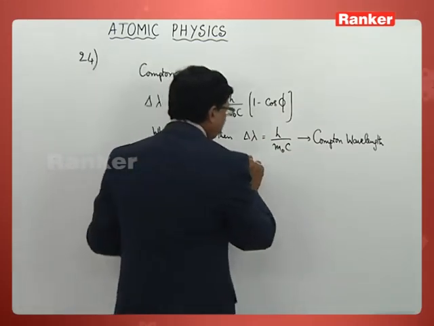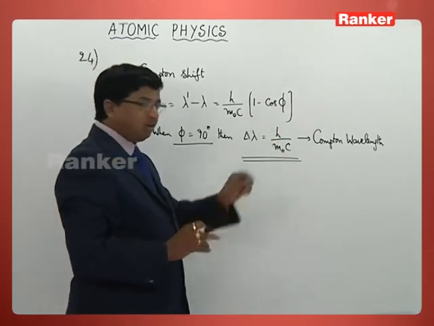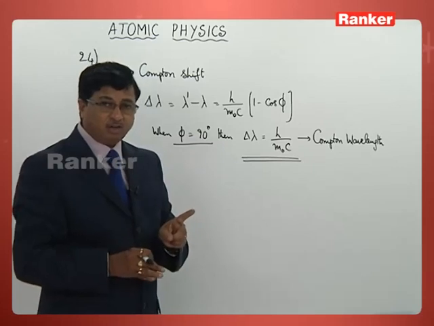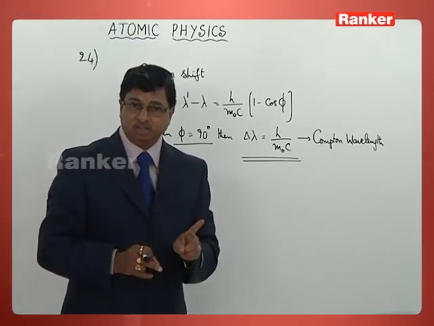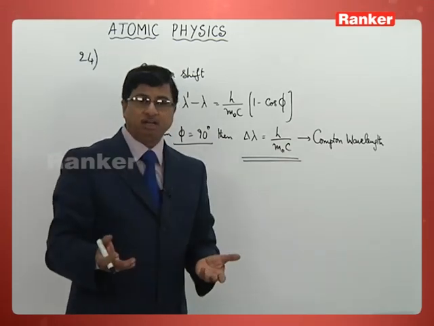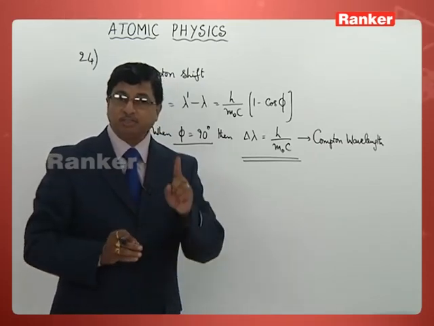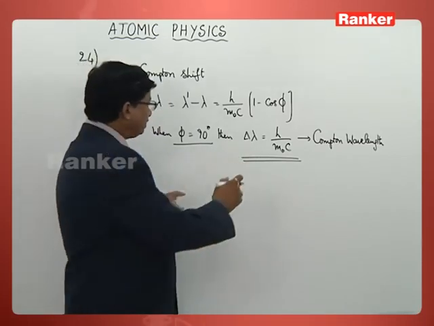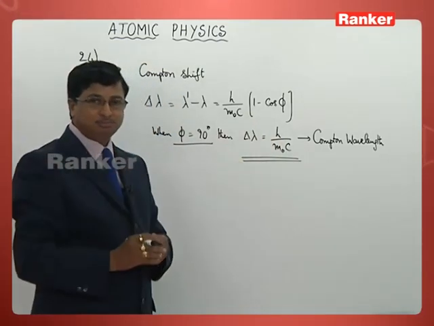Now look at this equation carefully. Here h is a constant, m naught the rest mass of an electron, which is 9.11 into 10 power minus 31 kg, is a constant. The velocity of light in vacuum, which all of us know is 3 into 10 power 8 meter per second, also is a constant. So if you look at this, the Compton wavelength is going to have a fixed value.